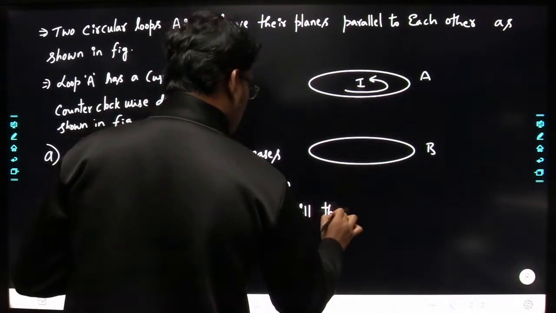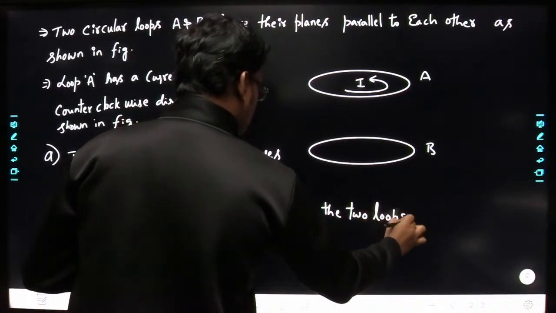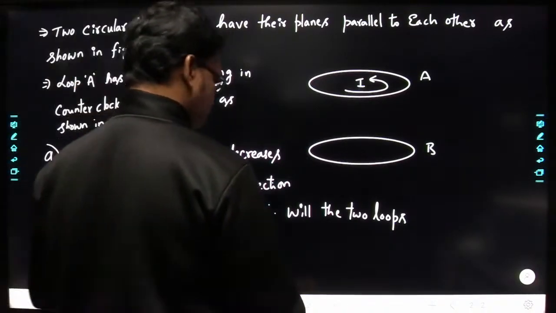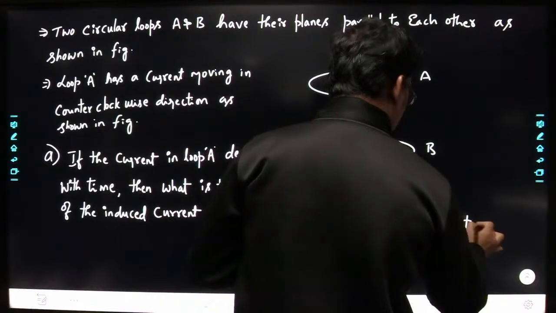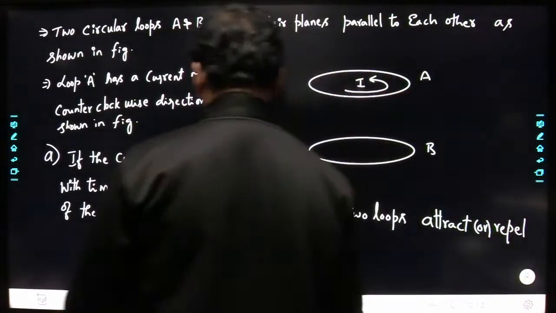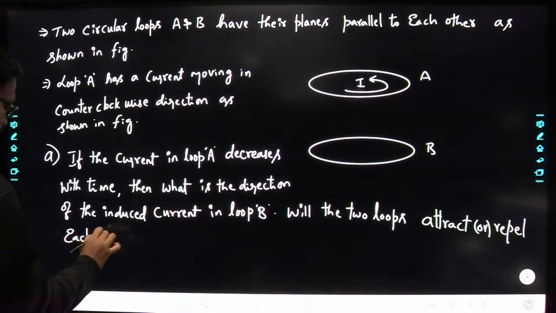Will the two loops attract or repel each other?